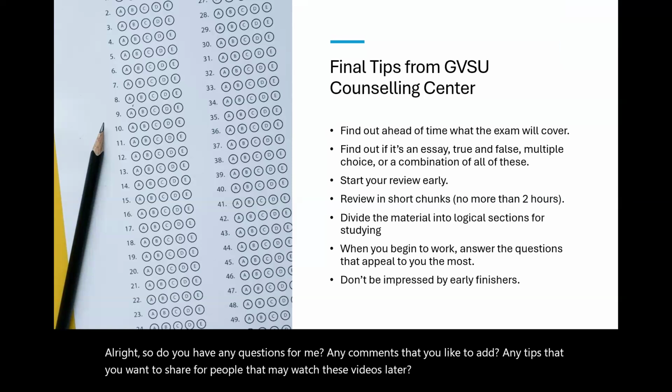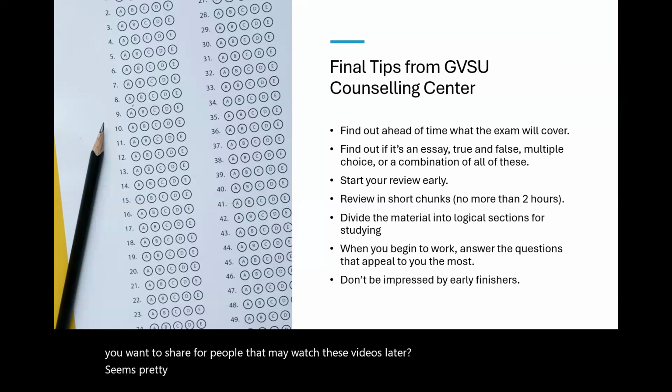Seems pretty straightforward. I've asked my questions and I think I did my tip with the whole exercise thing. So let's just get an overview. Of course, we gotta do a lot of studying beforehand. We gotta make sure not to stress out too much. We gotta keep physically healthy.